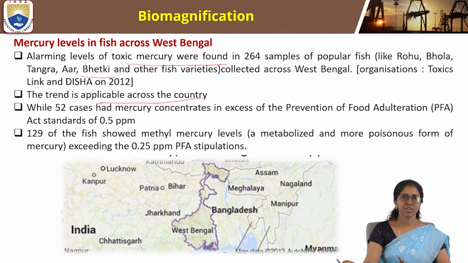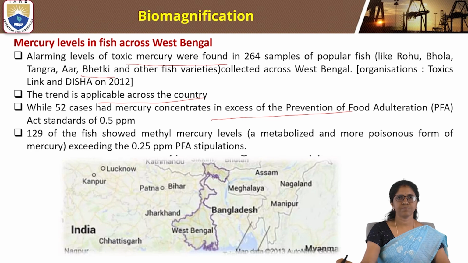While 52 samples had mercury concentrations in excess of the Prevention of Food Adulteration Act standard of 0.5 ppm, 129 fish showed methyl mercury levels, a metabolized and more poisonous form of mercury, exceeding the 0.25 ppm PFA stipulations. So these are the mercury levels in fish across West Bengal.